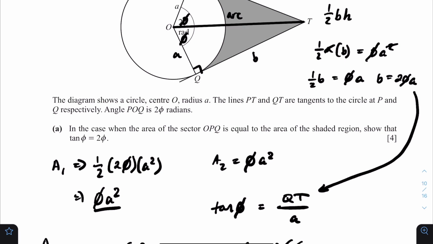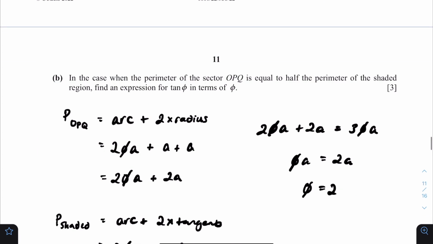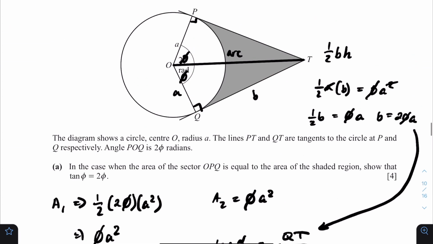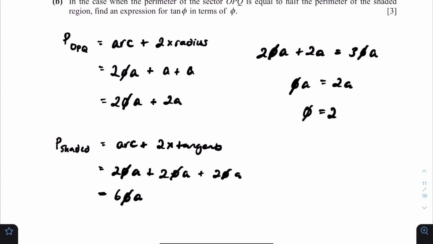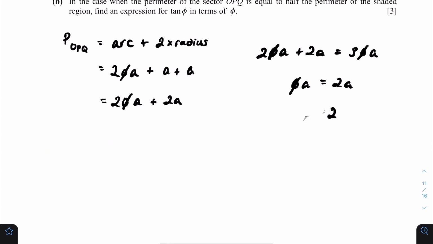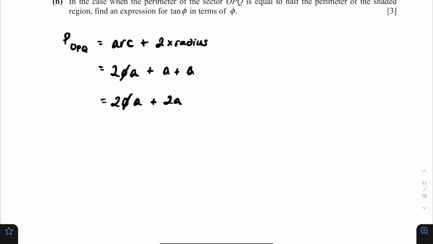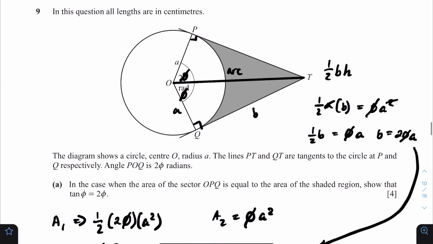Let me just erase this. Let's see how we can get tan phi. Oh, that means that we can't use that tangent information. So actually this is wrong. My apologies. Let me try and figure out how we can get the length.